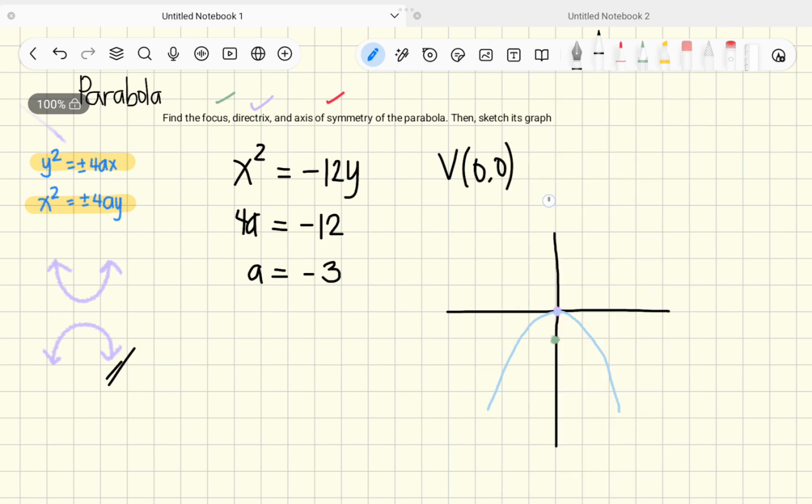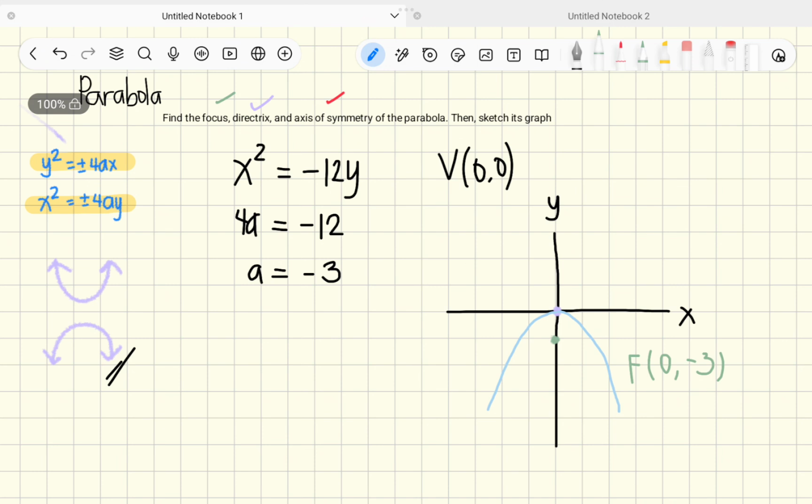So this is along the y-axis. So the coordinates for your focus will be (0, negative 3). Okay, so the focus will be at 0, negative 3.